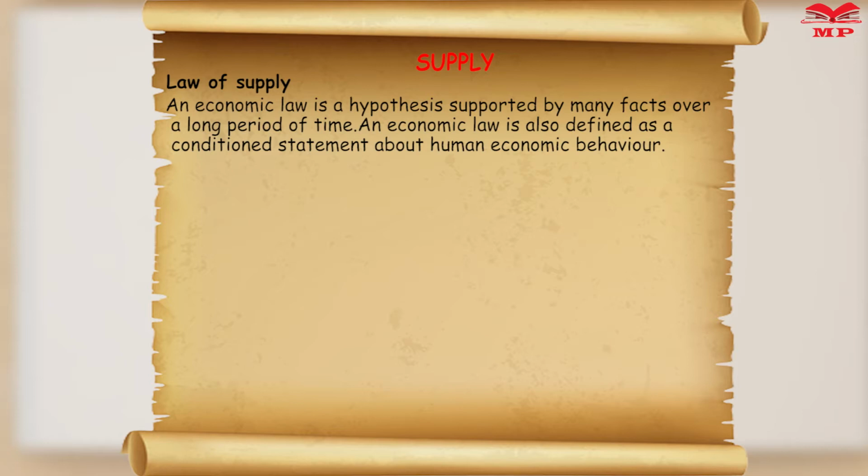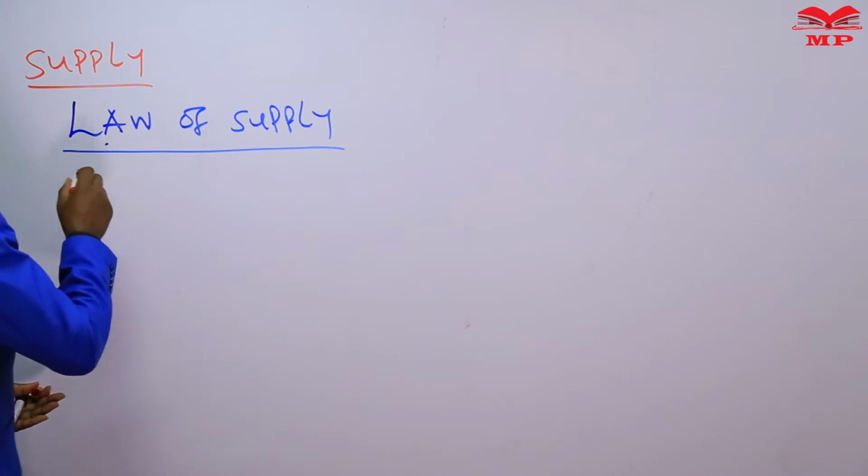All right? We say that an economic law is actually an economic theory sufficiently proved over a long period of time. We defined an economic law as a statement that shows certain course of action expected under certain conditions from members of a certain group.